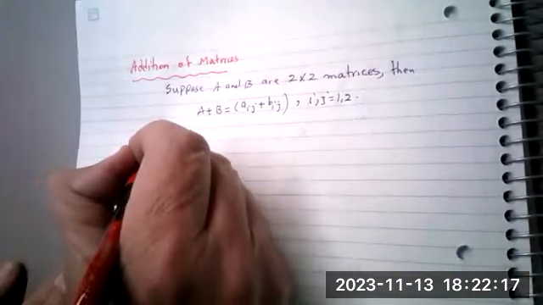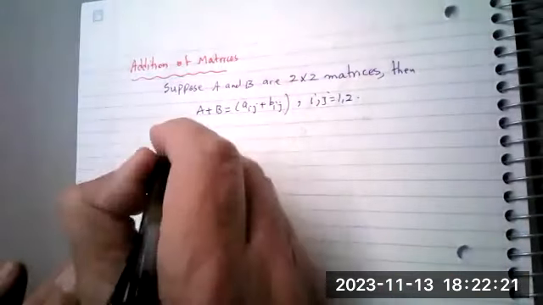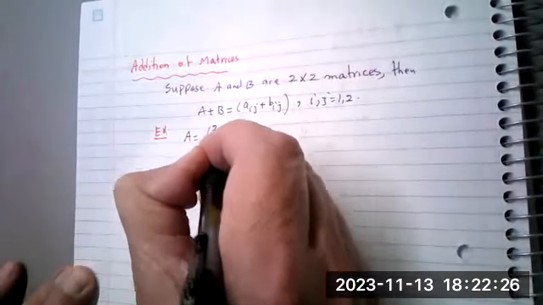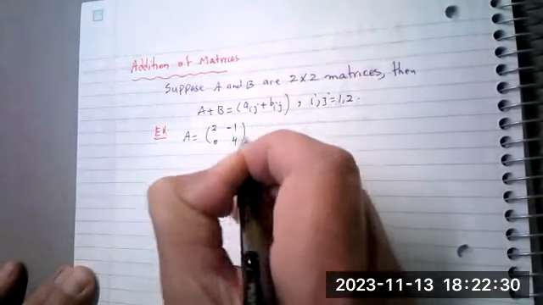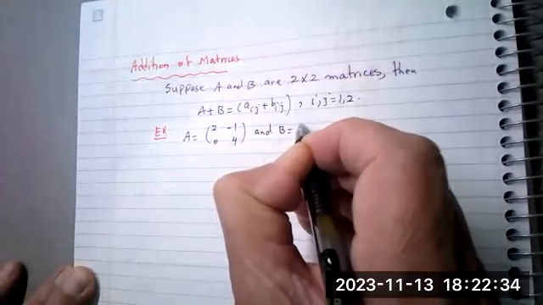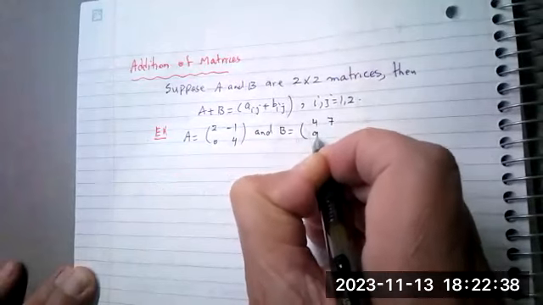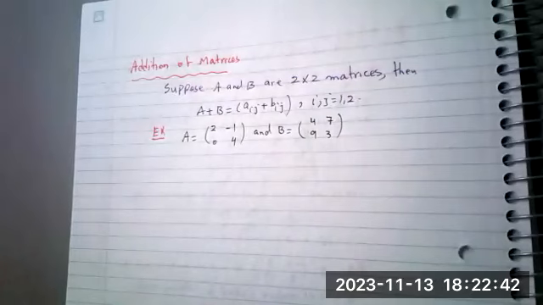We need this one too. So example. If A is the matrix 2, -1, 0, 4, and B is going to be 4, 7, 9, and 3. If you want to add them together, you add the corresponding integers.